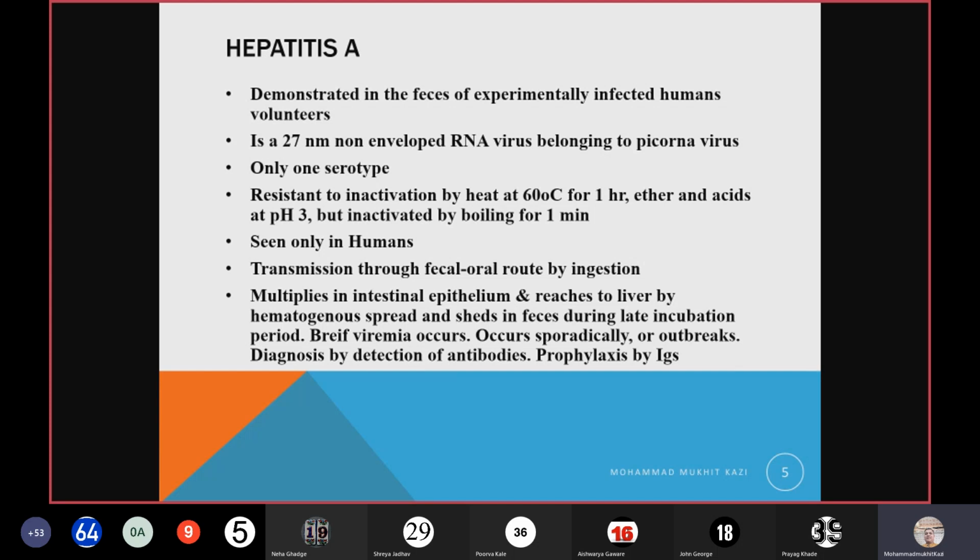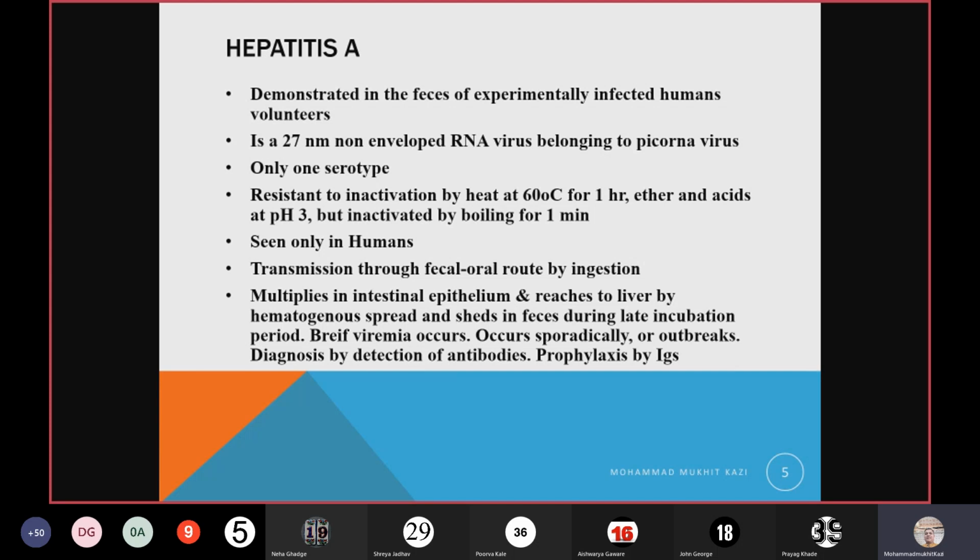It is resistant to inactivation by heat at 60 degrees Celsius for 1 hour. That is why, if you remember in sterilization, we learned about pasteurization, generally 63 degrees Celsius for half an hour. So this is a virus which resists higher temperatures, even 60 degrees Celsius. It requires heating for 1 hour to ensure the viruses have been inactivated.